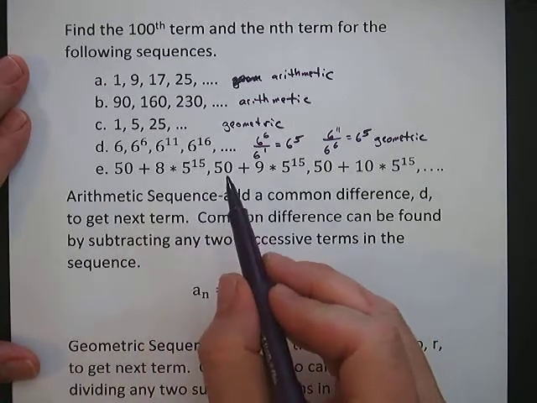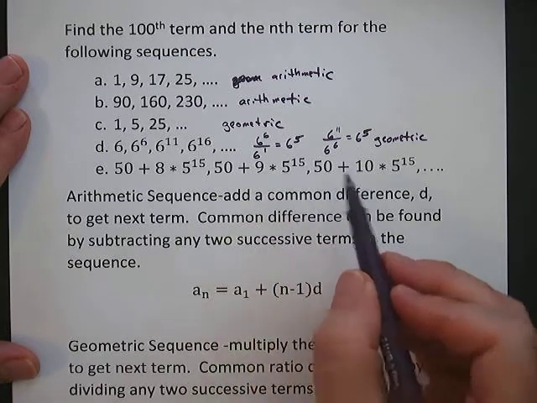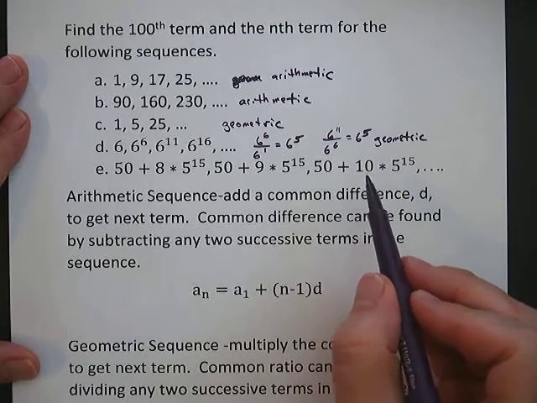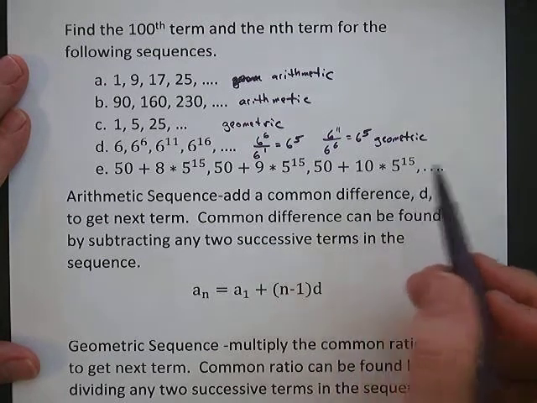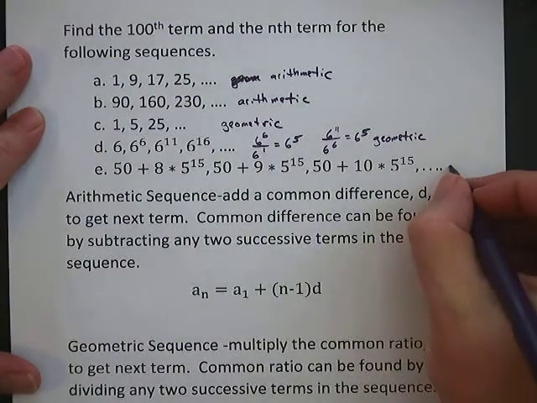The next term, you have 50 plus 9 of the 5 to the 15s. The next term, you have 50 plus 10 of the 5 to the 15s. So you're getting one extra 5 to the 15 every time. That's adding one extra 5 to the 15 each time. So this is also going to be arithmetic.